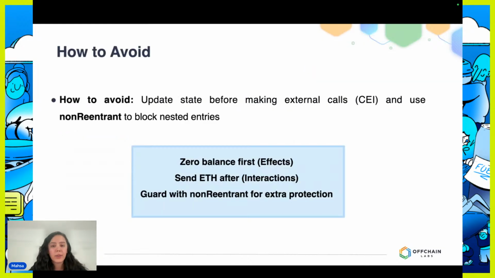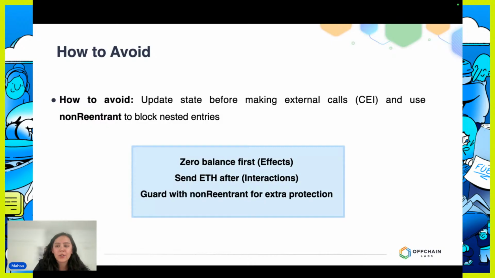But how can we avoid that now that we talked about the vulnerability? Honestly, avoiding it is so simple. It's a pattern called checks-effects-interactions. First you do the effects, which here means you have to zero out or decrease the balance first, and only after that you do the interactions.